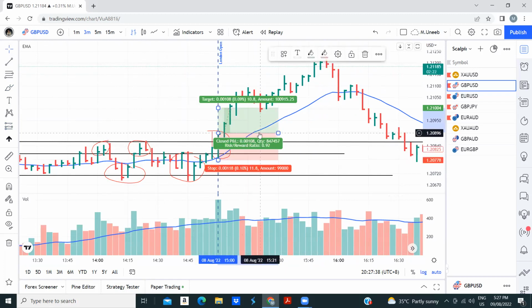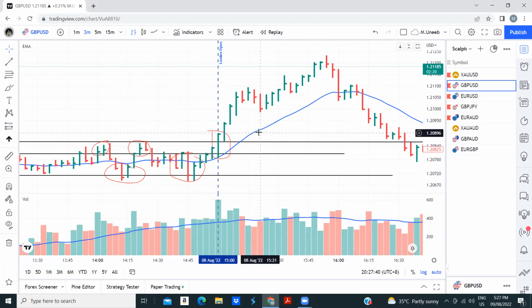Now, there are two ways to calculate the stop loss. The first way, I told you, is if you think that the bar is too huge, you can take this Fibonacci retracement tool, and this technique is only for those bars which are huge, not for small bars. Got it?